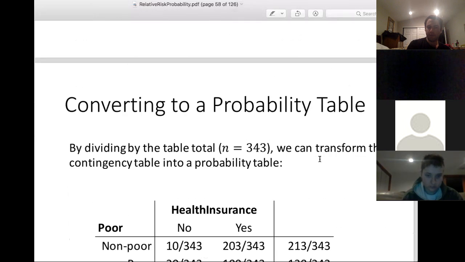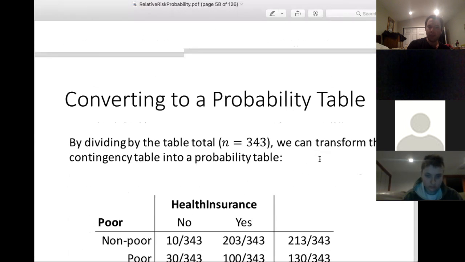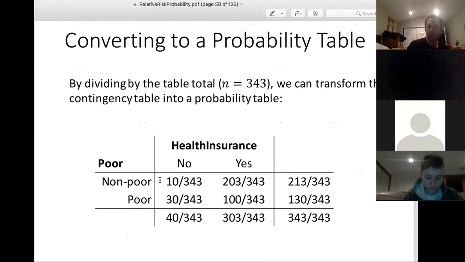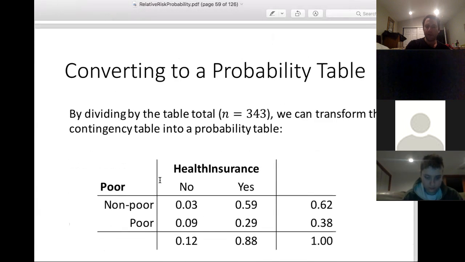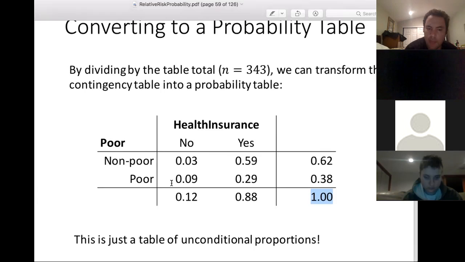Because it fits those rules for probability, we can then divide each of the numbers in these different cells by the total number of people in this study, which was 343, and we can find the probabilities and create what's called a probability table. By dividing it all by that number, we get 1 to represent the total amount of 343 people. And then we can represent the different probabilities here.